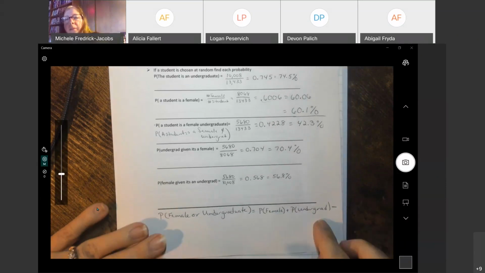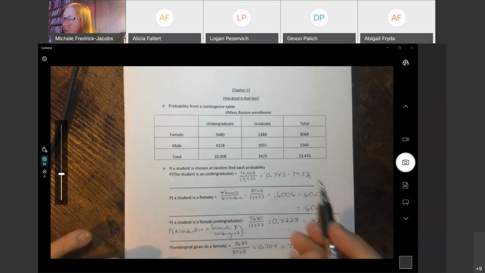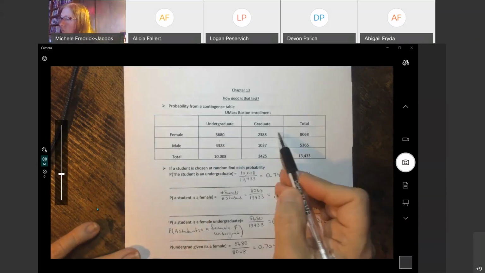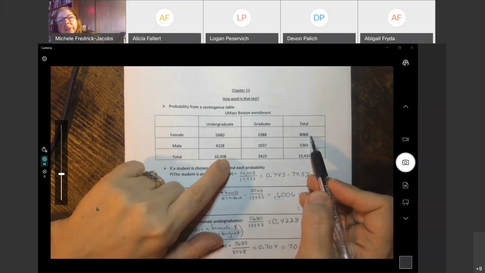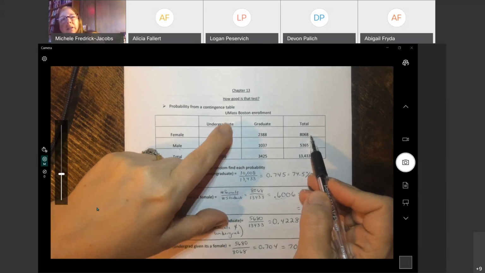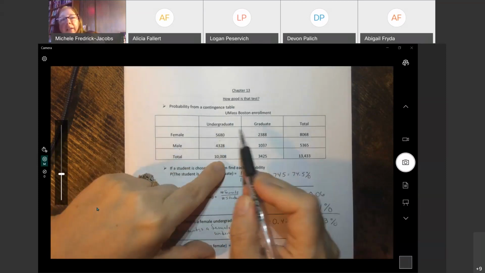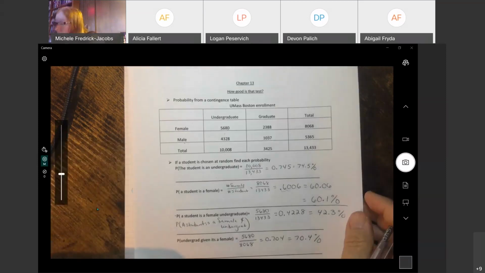But if we did the probability of the female and the undergraduate, female would be the 8068 and the undergraduate would be the 10,000. But notice that we're adding this one twice because we're adding it here and we're adding it across. So that's why we subtract one of them out.